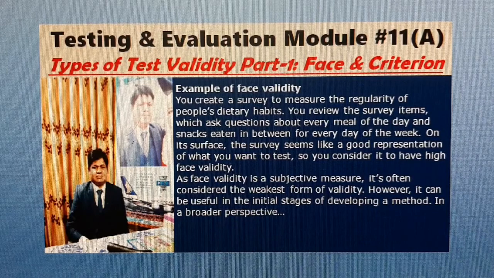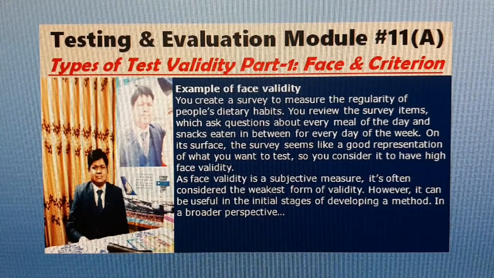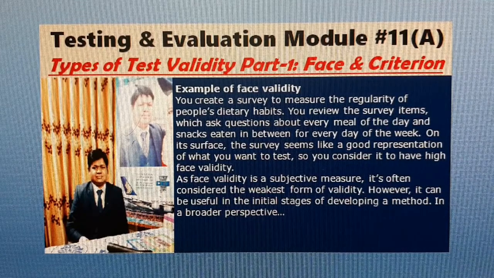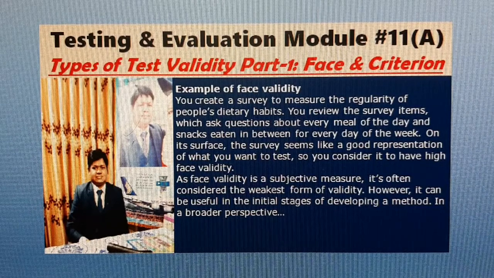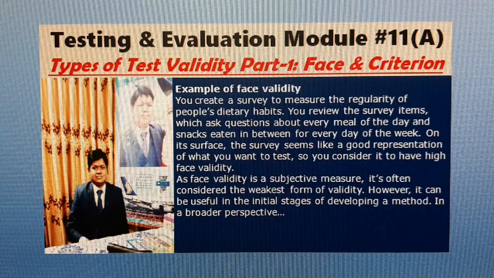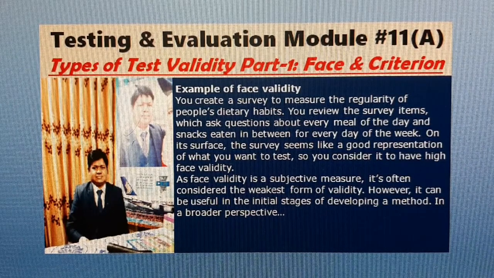Example of face validity. You create a survey to measure the regularity of people's dietary habits. You review the survey items which ask questions about every meal of the day and snacks eaten in or between for every day of the week.